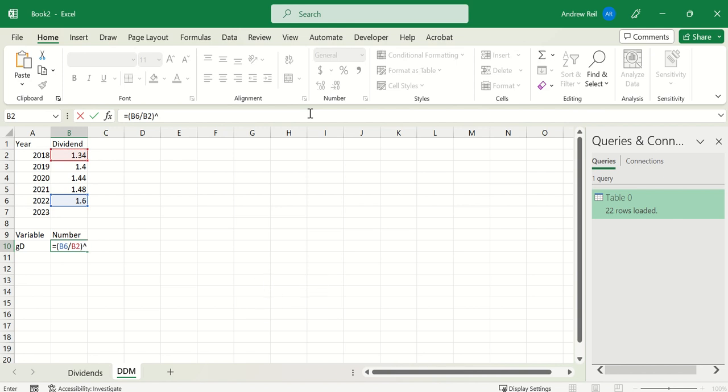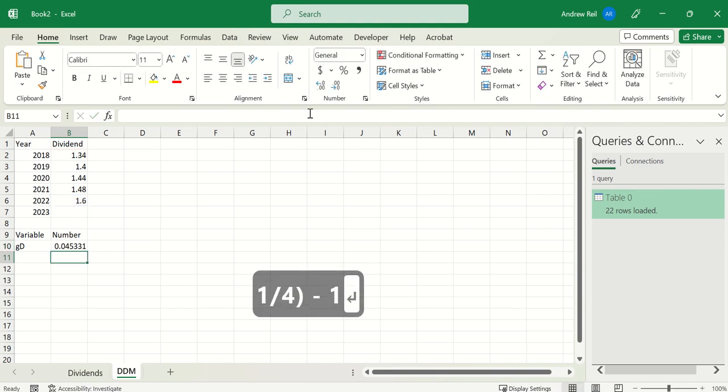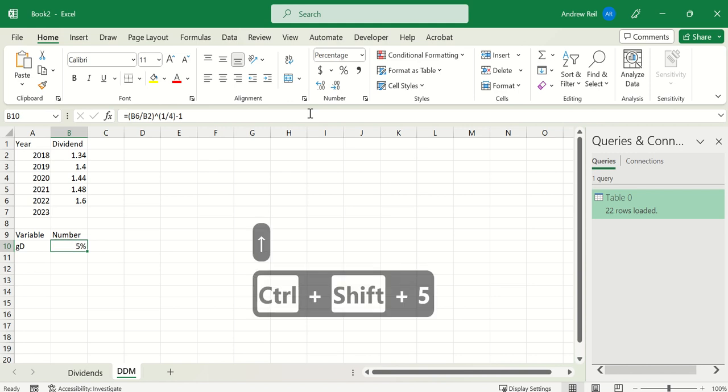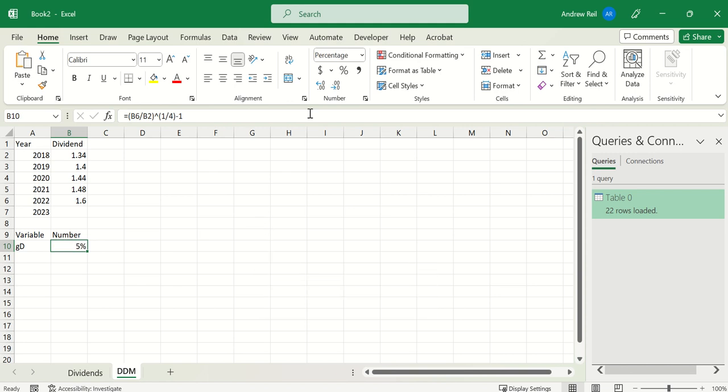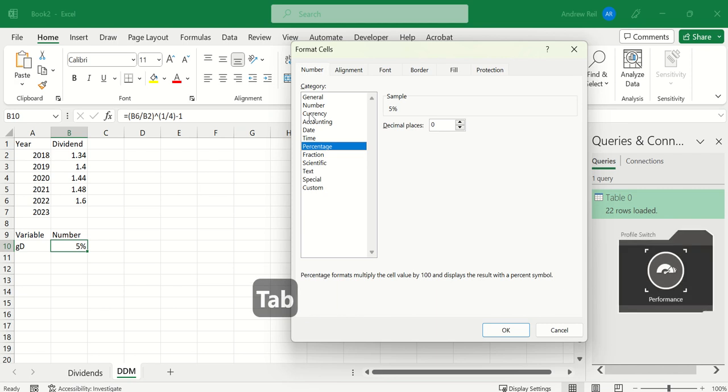Use caret, which is on the 6th key if you hold down shift, and then brackets 1 divided by 4, close brackets, subtract 1 from the whole thing. And I'd like that to be a percentage, so I'm going to go shift control %, and I actually like it to be 2 decimal places. So control 1, tab, and 2 decimal places.